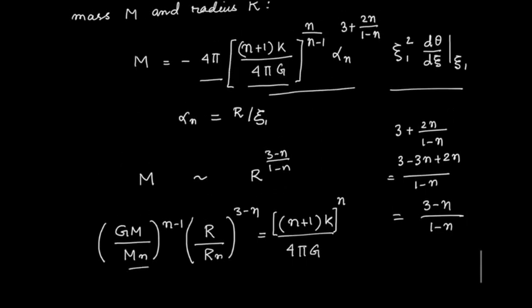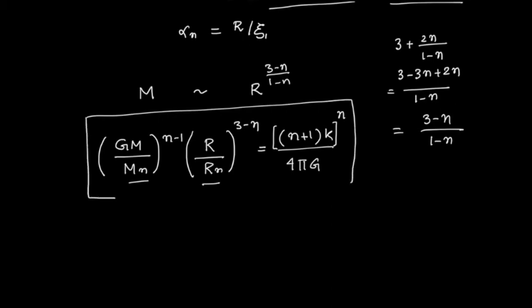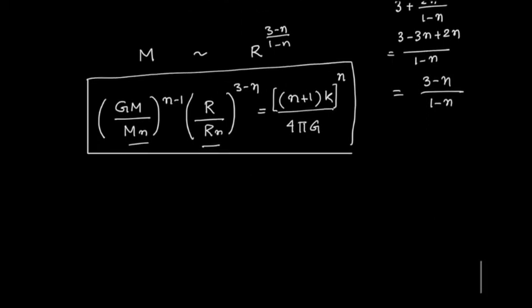And mn and rn will depend on these quantities xi1 square, d theta d xi, etc., which depend on which n you are talking about. That's why we have kept n there. Okay. So this is the mass and radius relationship for the polytropic equation of state. Now let's see what happens for the non-relativistic case and the relativistic case.